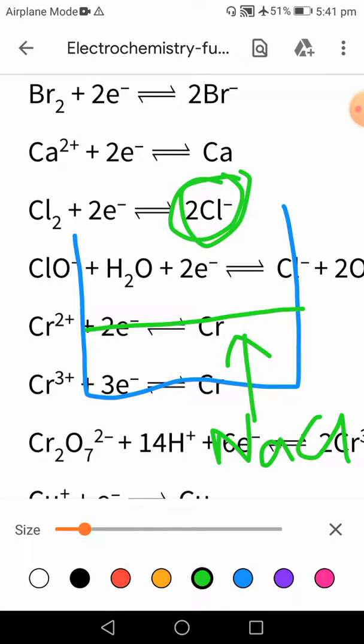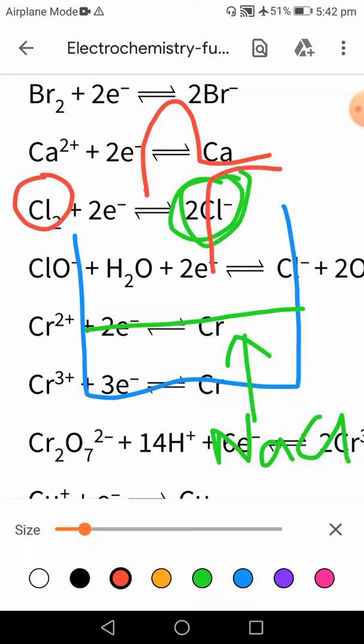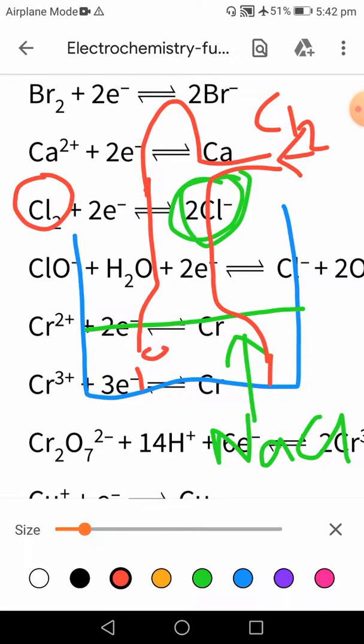We need a gas tube, and I'm making the red color. So this is a gas tube. I will give chlorine gas from here, and the chlorine will get out from here.